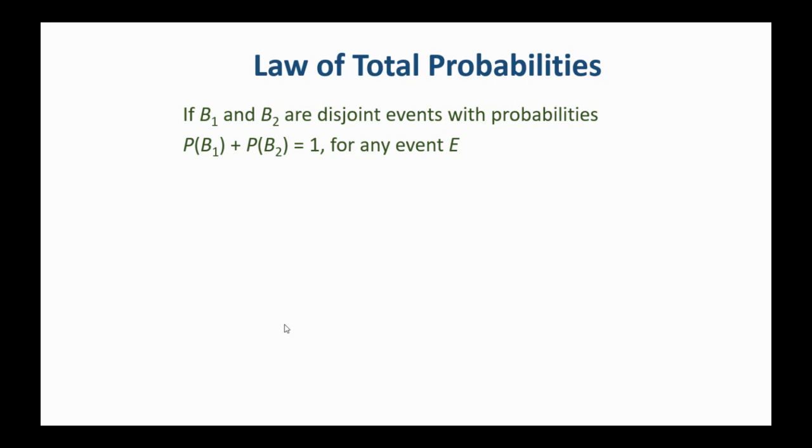If B1 and B2 are disjoint events where their probabilities add to equal 1, then for any event E, the probability that E occurs is the probability that E and B1 occurs, plus the probability that E and B2 occurs. So if we want to find the probability of E, we have to consider E in all cases, basically.